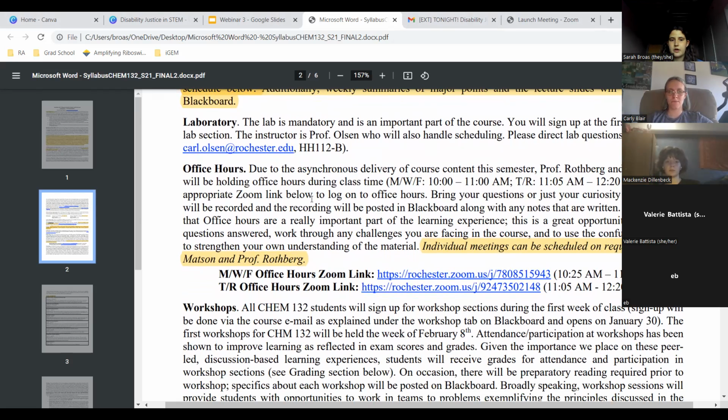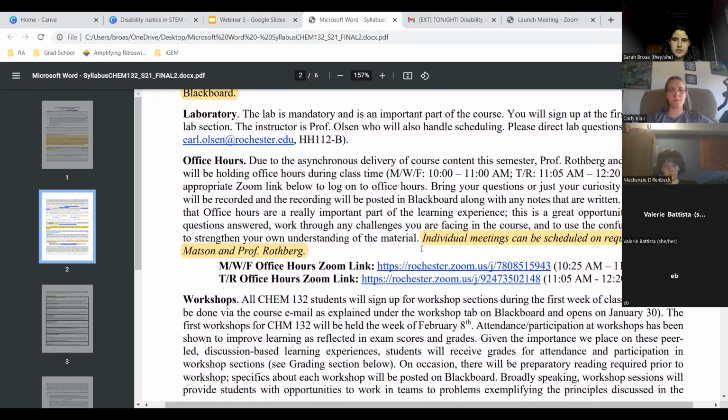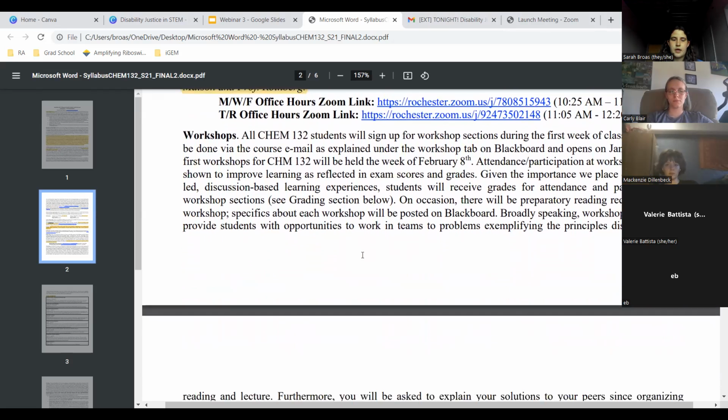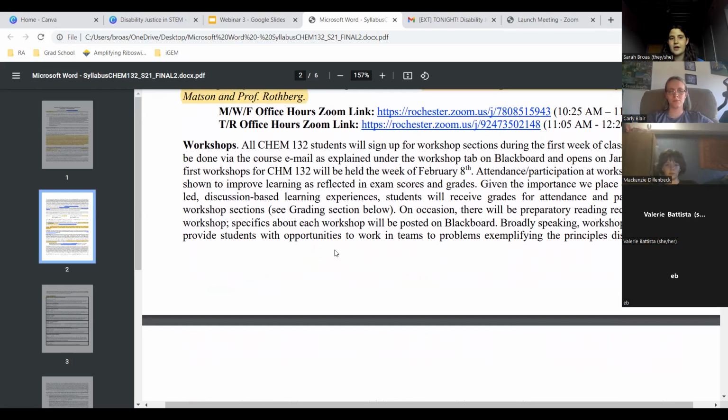They also offered office hours during class time as well as individual meetings, which is great because a lot of people might not be able to make the typical lecture time. And workshops. I'm not really sure how universal workshops are across the globe.